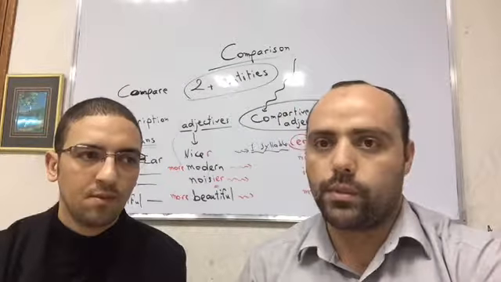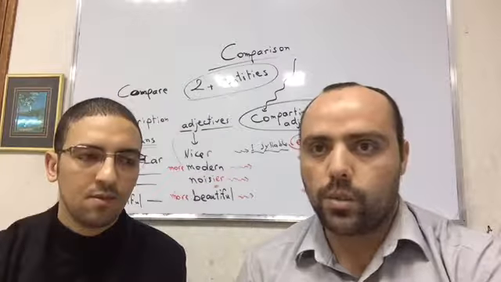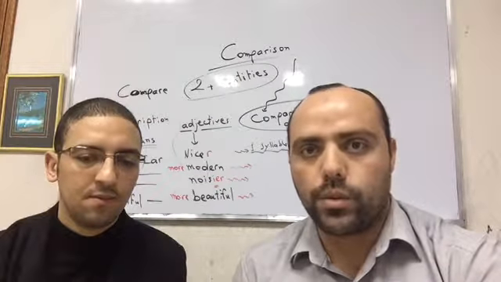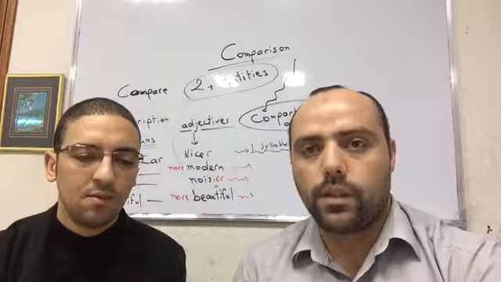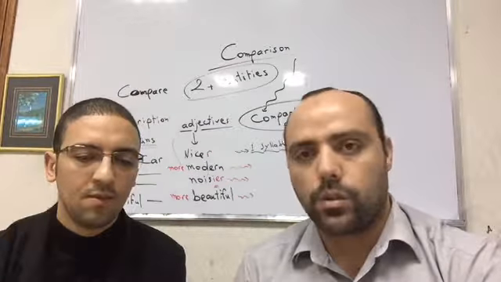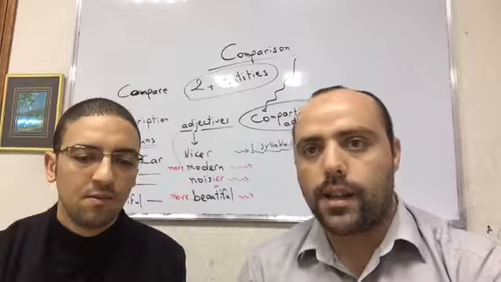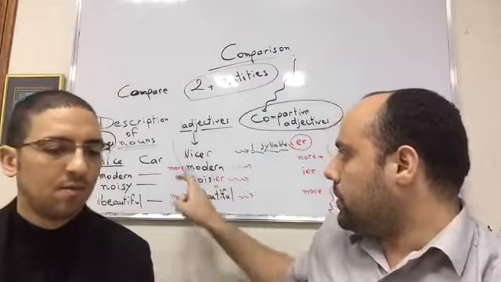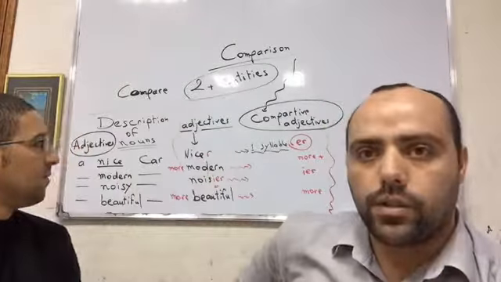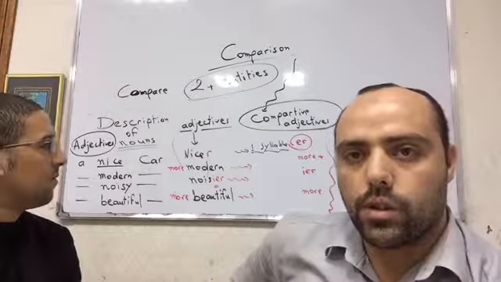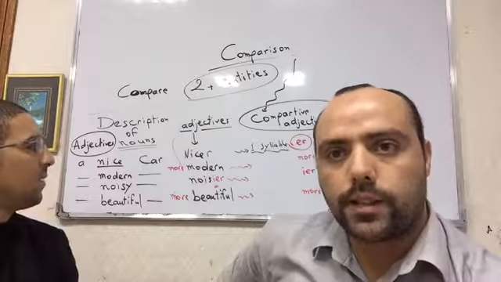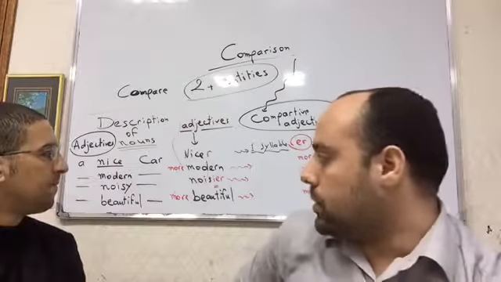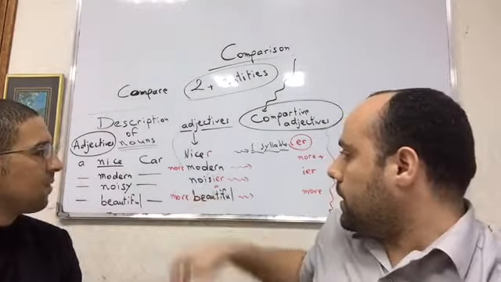For example, if you have a short adjective, the rule is just you're going to put an ER and than. And of course, as Mr. Ahmed told you, there are many exceptions, as he's shown you on the board here. If you have an adjective that ends with E, you're just going to add R. If it ends with Y, you're going to delete the Y and add IER, and it's followed by than, of course.